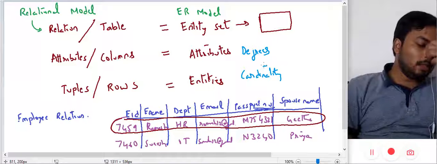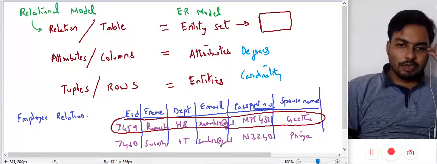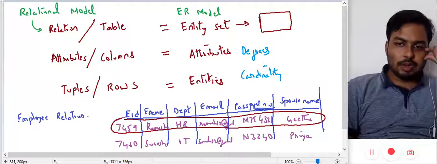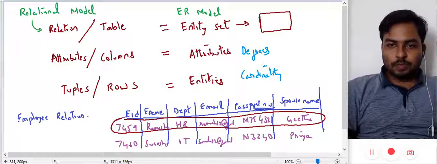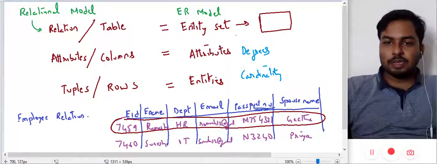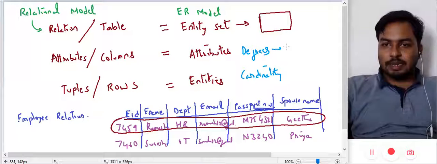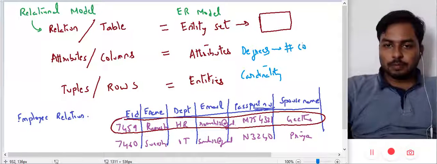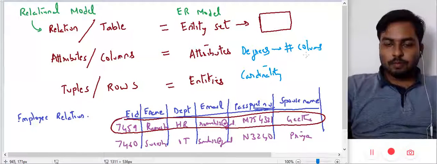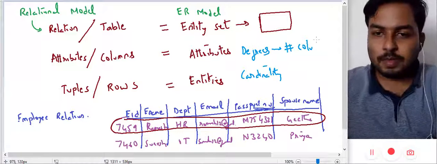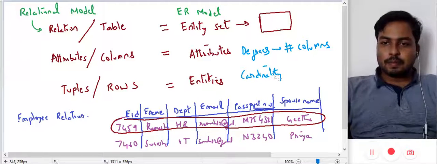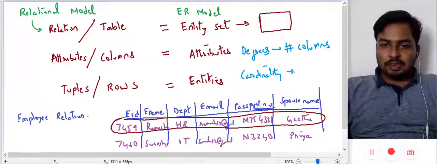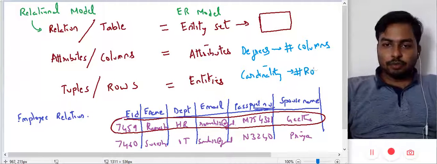Degree is nothing but the number of columns, and cardinality is nothing but the number of rows.